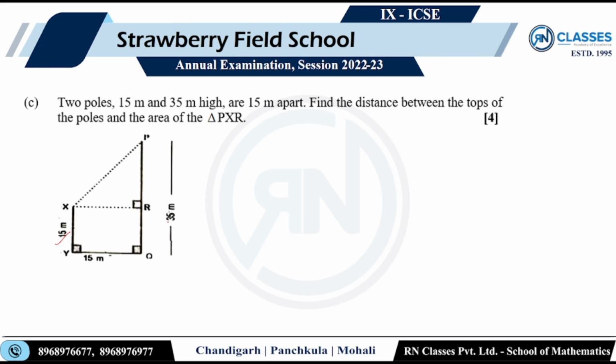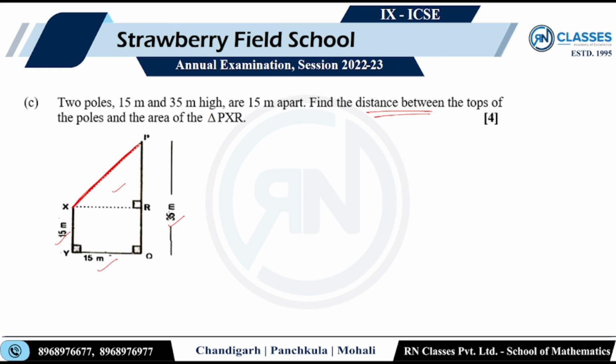Next, 2 poles, okay, as given. This is 15, this is 35. They are 15 meters apart, already given. Distance between the tops, meaning I have to find XP, and also find the area of PXR.